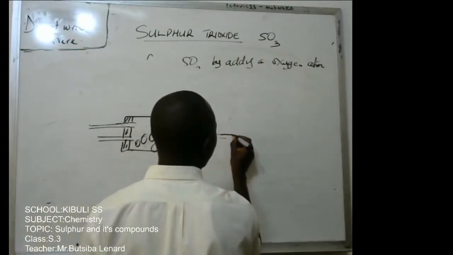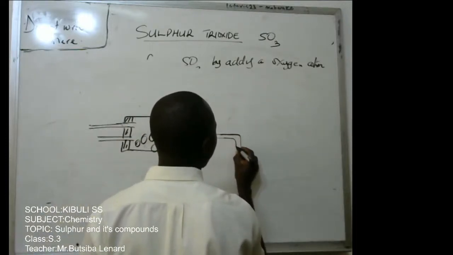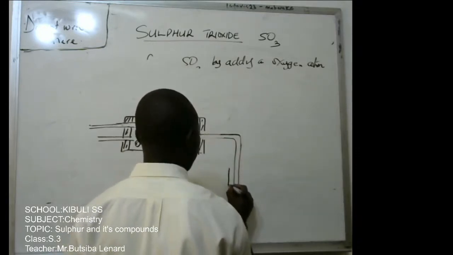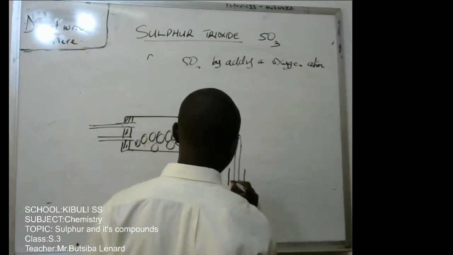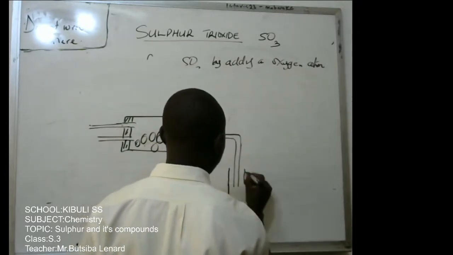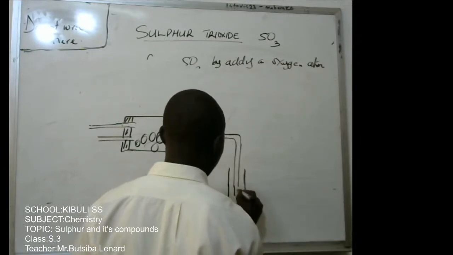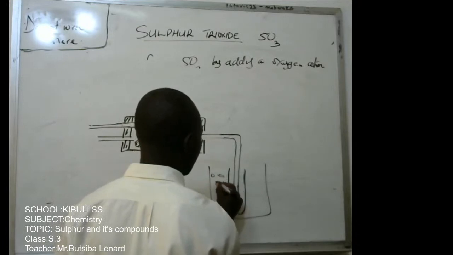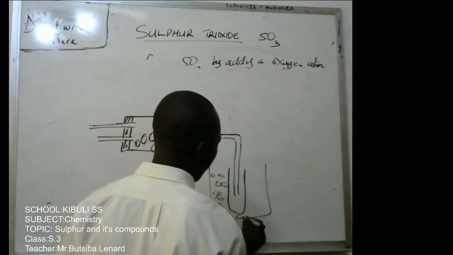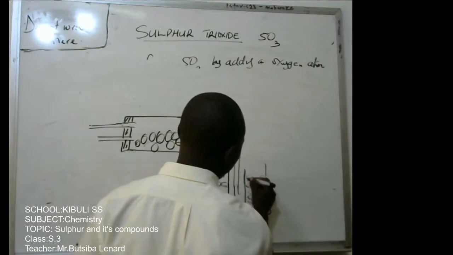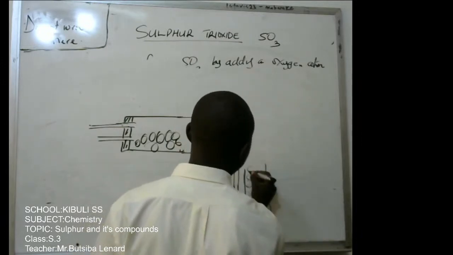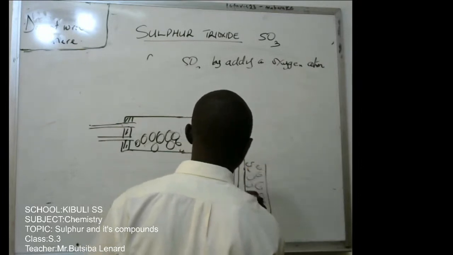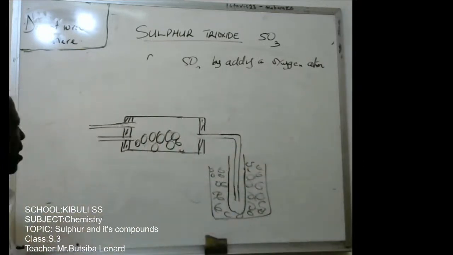I'm going to put here a catalyst. So where does this one go? This one is going to go into a freezing mixture. And the whole of this is going to be lowered into ice. Not very complicated things.